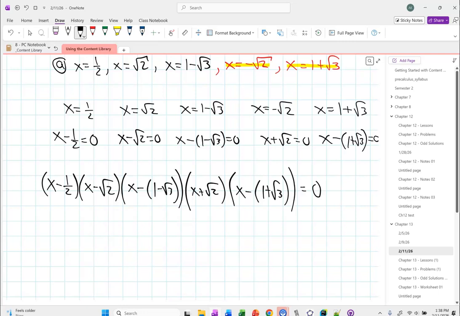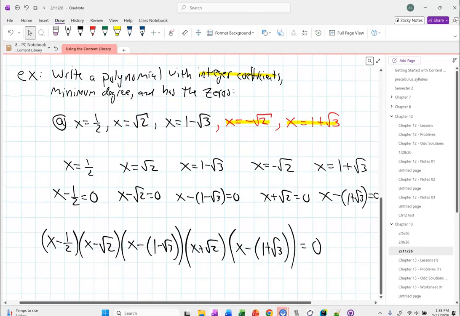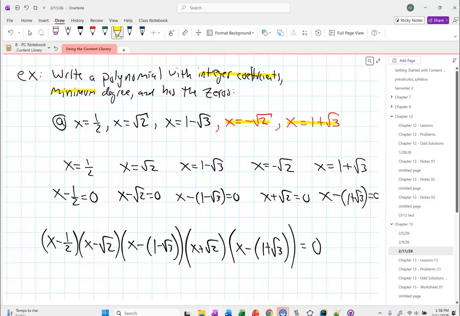So far, so good. Now, again, if I apply the zero product property and I break this thing up, I'm going to get these same 5 solutions, right? The ones that I have to have. So as long as I don't include any extra factors, I've got the minimum degree polynomial, right? Does everybody see that? Because I didn't do anything extra.